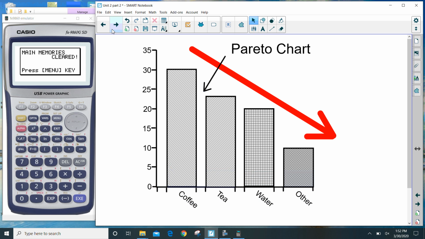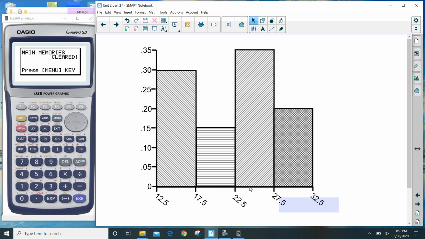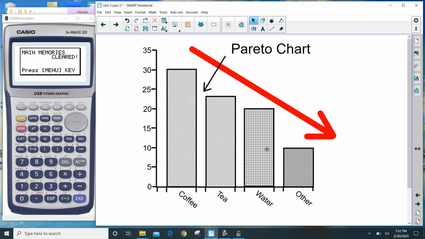We're going to be seeing some other pictures here that look similar, but you notice how the bottoms are numbers. These are more categorical, so it'll be like coffee, tea, water, people who took the bus, people who drove a car, people who walked, those sort of things. It's not so numerical, it's rather a category of itself.